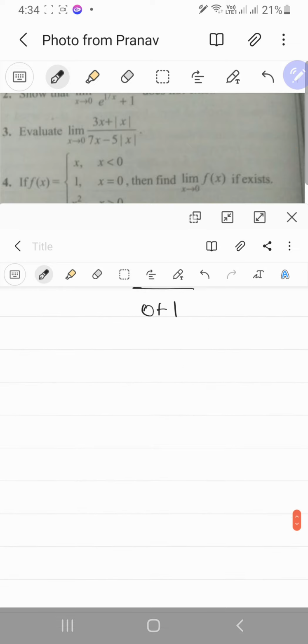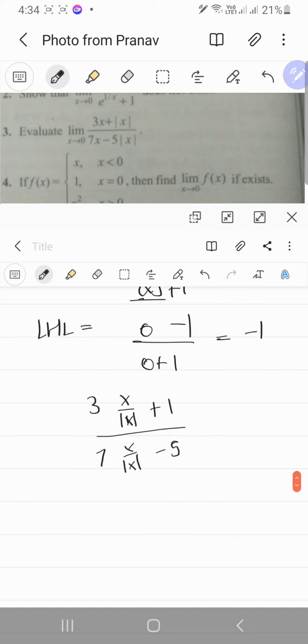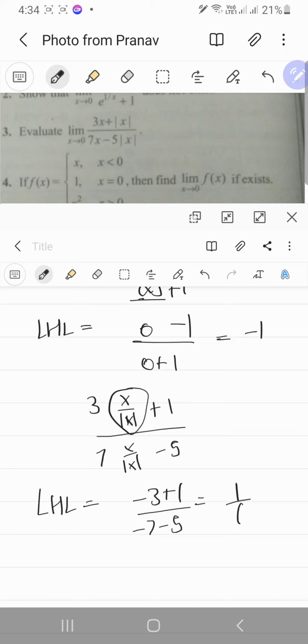Evaluate the limit as x approaches 0 of 3x plus mod x upon 7x minus 5 mod x. So what can we do? Maybe we can write it like this: 3x upon mod x plus 1 upon 7x upon mod x minus 5. For the left hand limit, we have to put this thing as negative 1. So this is going to be negative 3 plus 1 upon negative 7 minus 5, which is negative 2 upon negative 12, which is 1 upon 6.